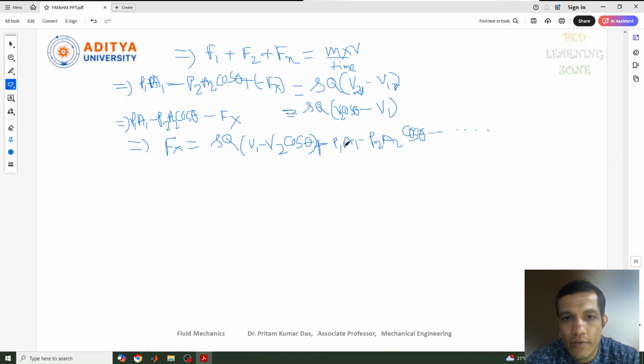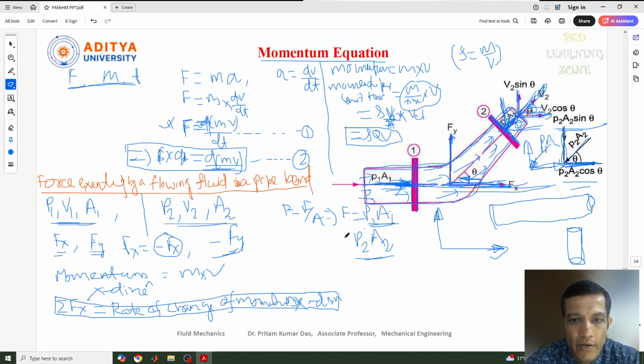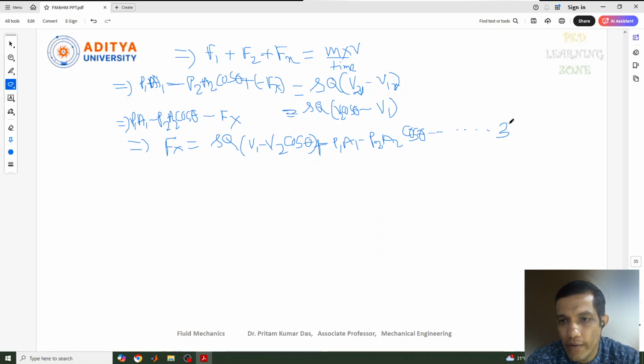We can mark this as equation 3, since equation 2 is done. This is the force in the x direction.